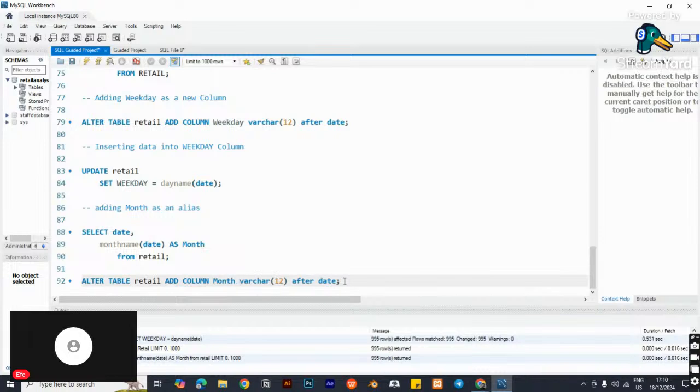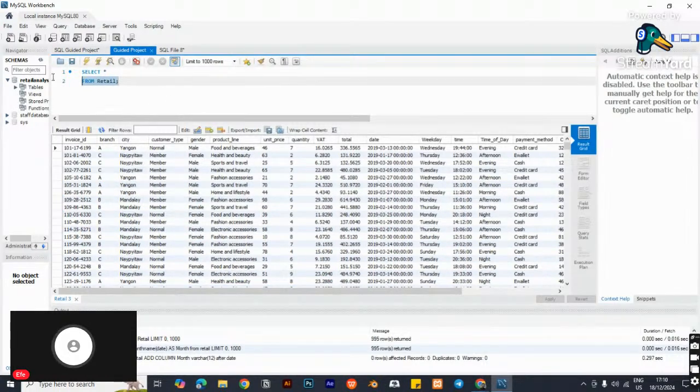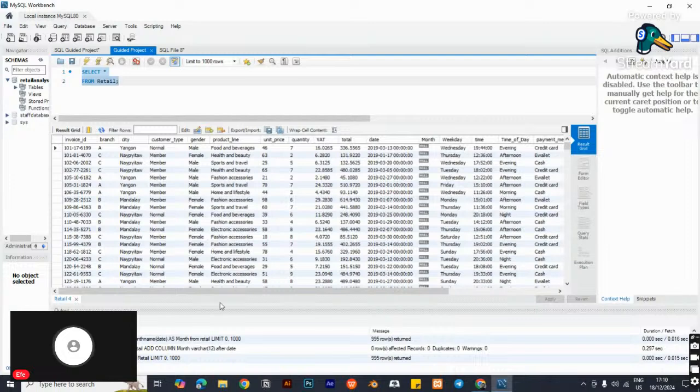Let's put it after date. So if we run this query, and we come over here, it's empty. So we'll auto-populate it.